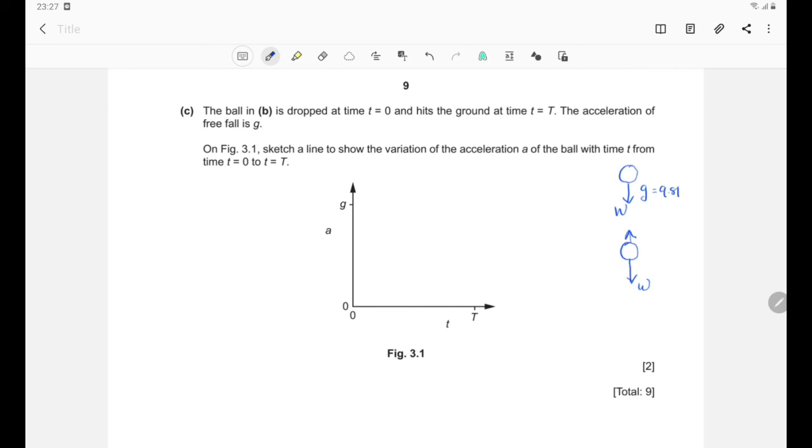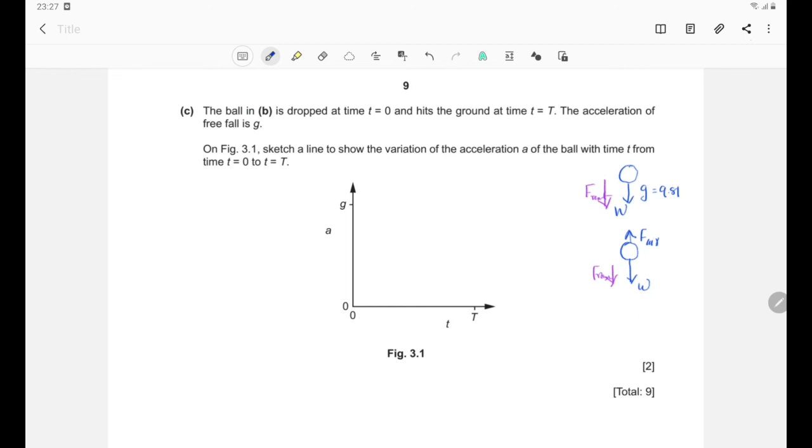So as the ball falls, the air resistance, which is the opposing force, will keep increasing, so the resultant force will reduce compared to the previous position.